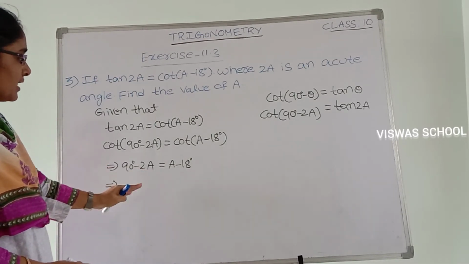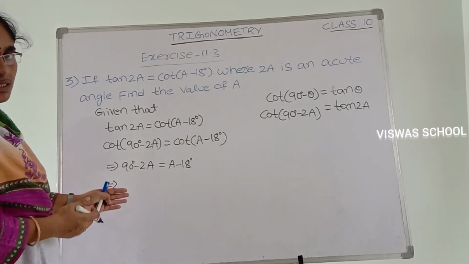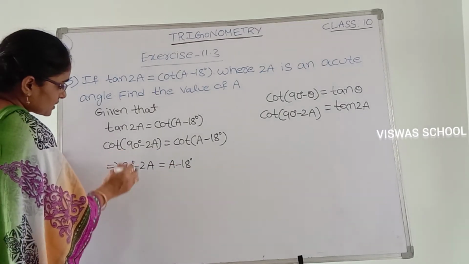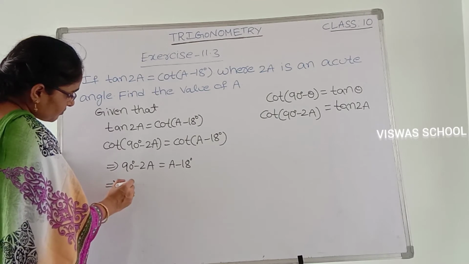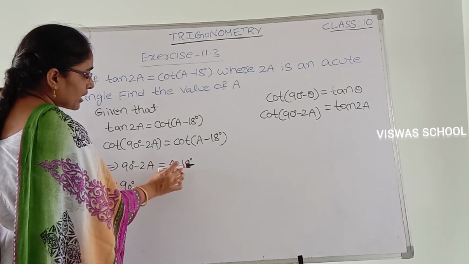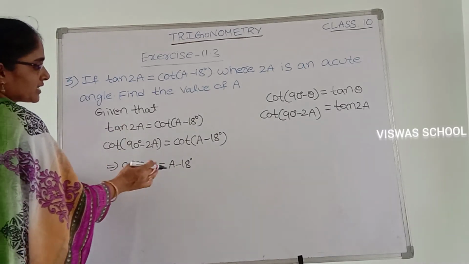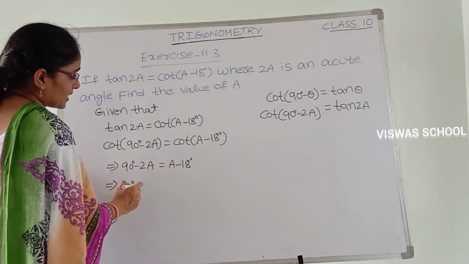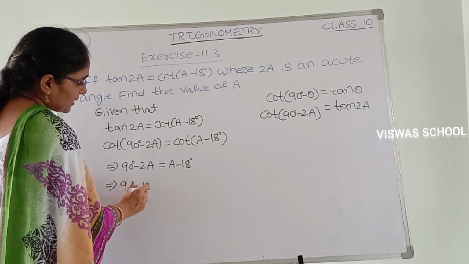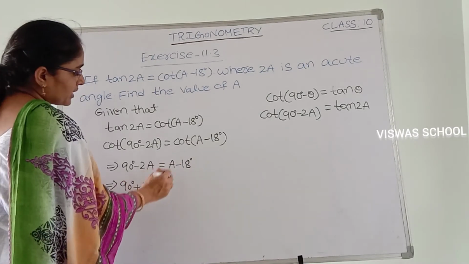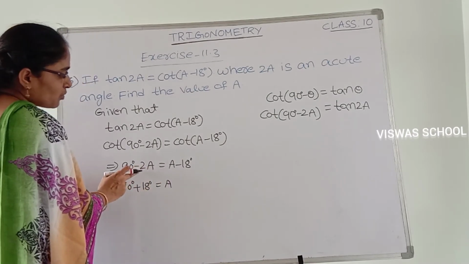For finding a, write all degrees on one side and a terms on one side. Here I am writing 90 degrees. On the RHS side we have minus 18. Now write it into the LHS part. Now this changes to plus 18. That is 90 degrees plus 18 degrees is equal to a, and here also we have minus 2a.